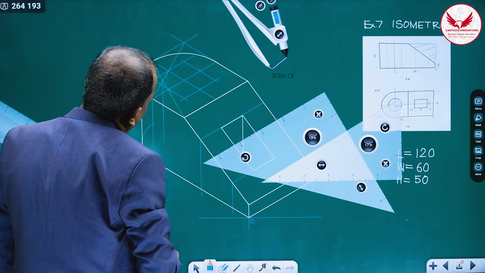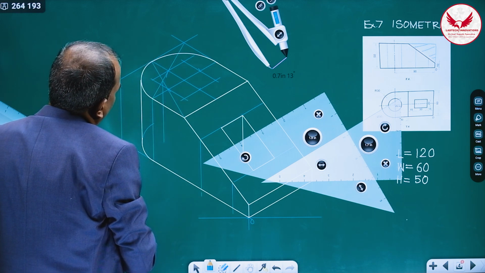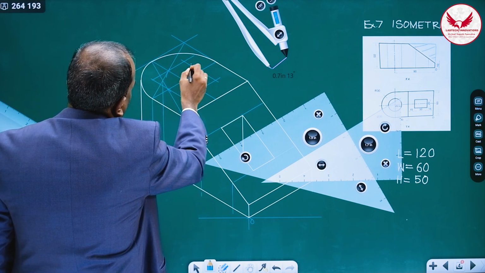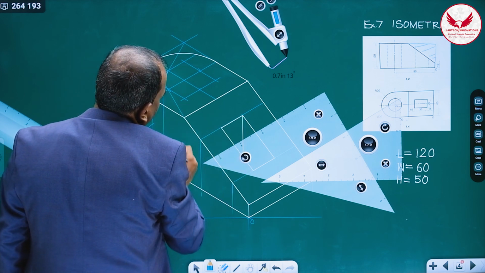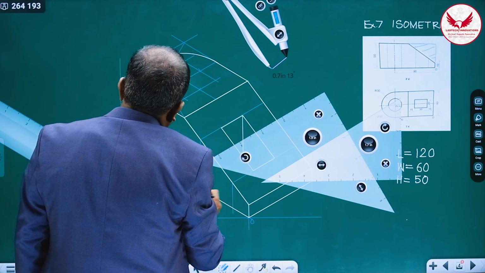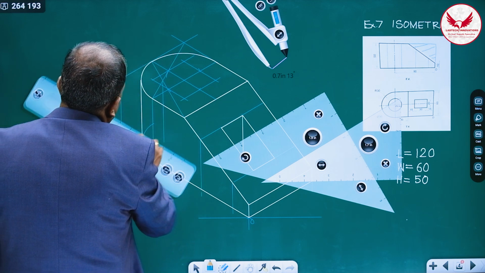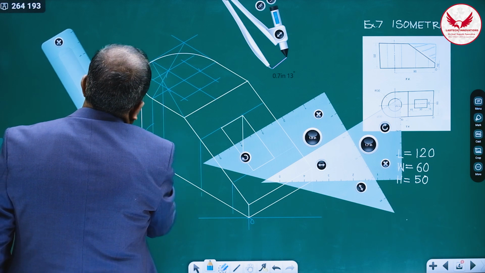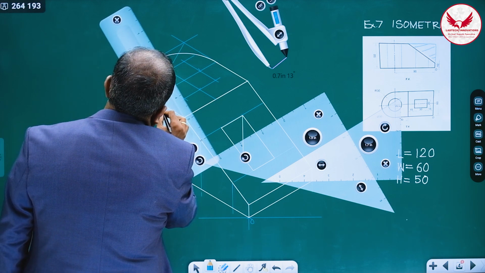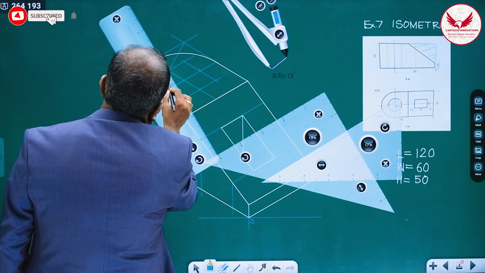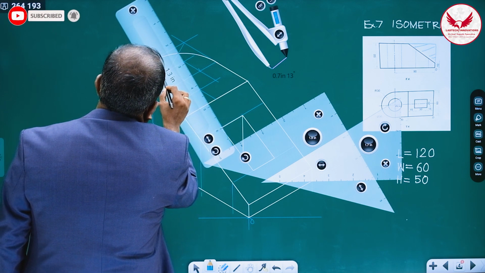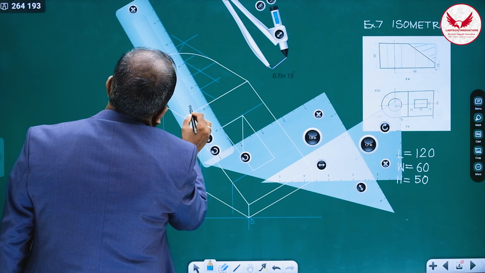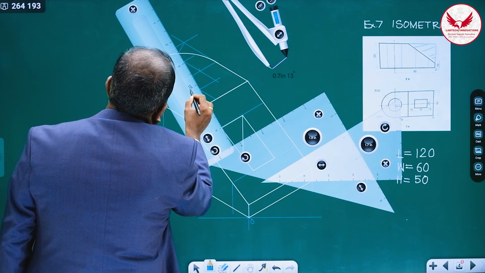Then in this rhombus, I have 4 centers. Out of those 4 centers, from these 2 centers, where the angle is 120 degrees, join the midpoints of the opposite sides. How can we join the midpoint of the opposite side? Just see it. So from this midpoint of the opposite side, like this, and from this center, the midpoint of this side.